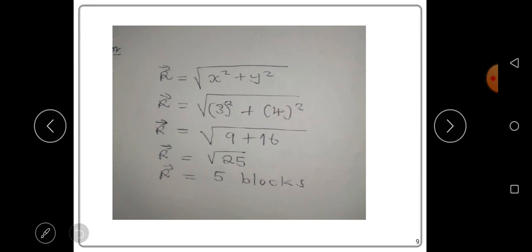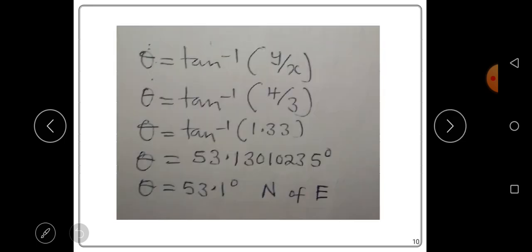So at this point, we can also find the direction of this resultant vector. The direction is given by tan inverse y over x. Then y over x, these are just the resultant components. The resultant y component was 4, the resultant x component was 3.